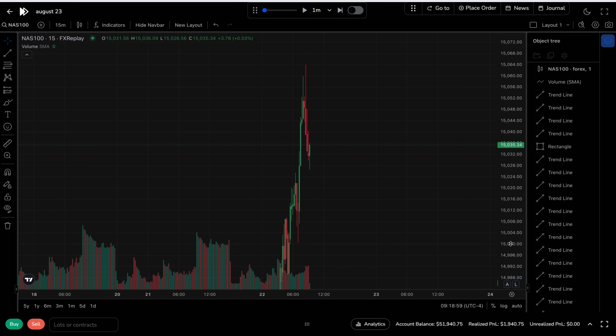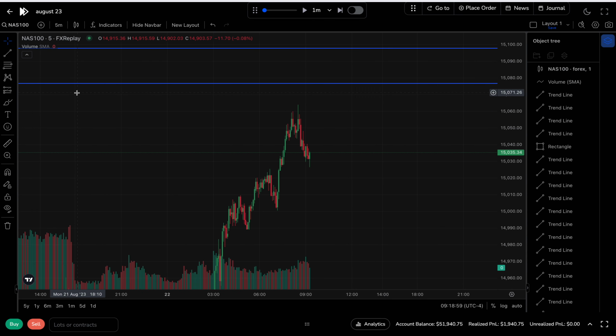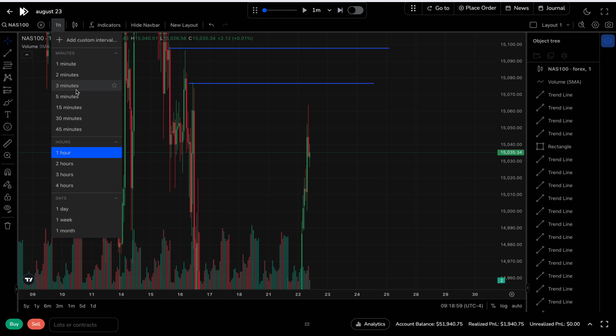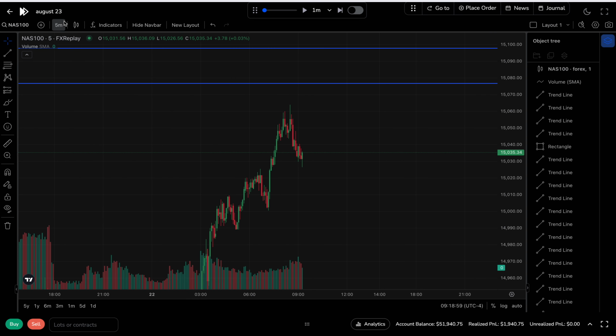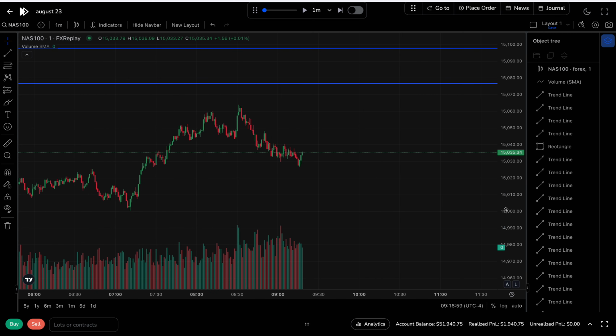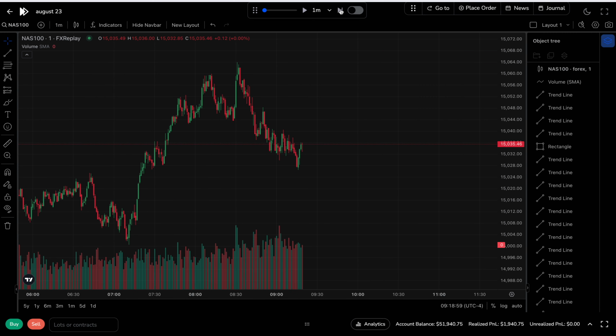So we tapped this 15 minute. We tapped this hourly as well. So hopefully we could get an entry for long. I'm not seeing any right now, but I have a feeling we're gonna pump right now.